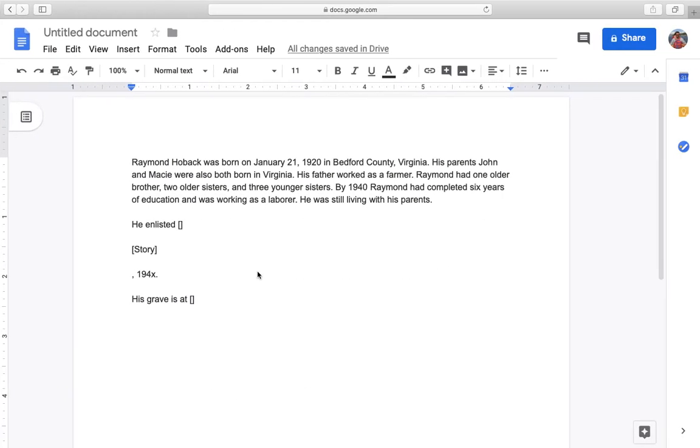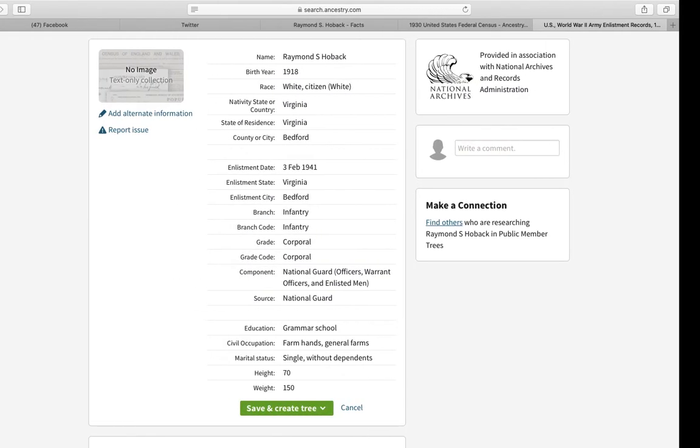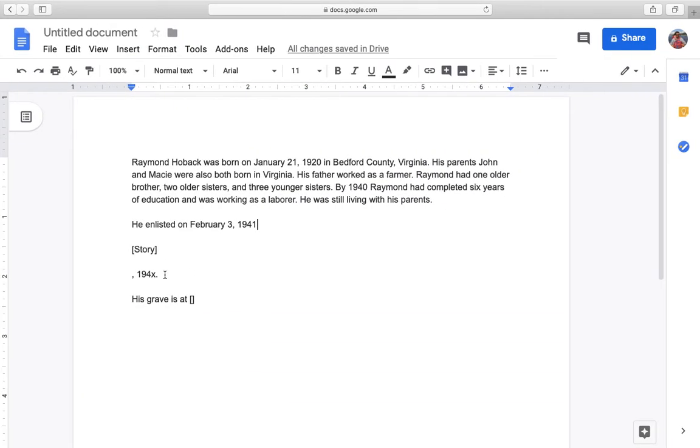So I'm going to put he enlisted on February 1941. Okay. We know he died on June 6th, 1944, and we know where his grave is at.